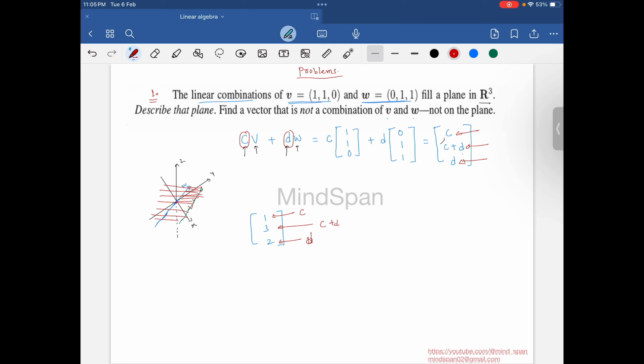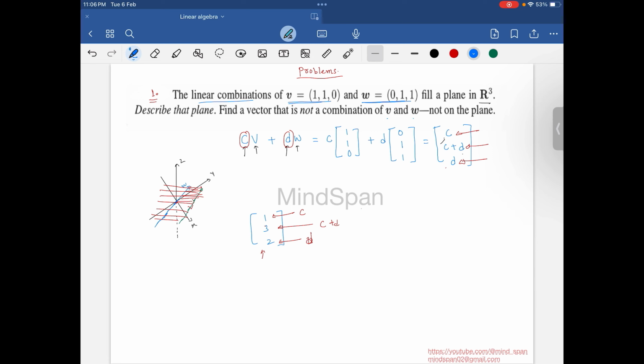So this vector will belong to this plane, which means the linear combination of v and w. This is a specific choice of c and d that gives a particular linear combination of v and w, right?